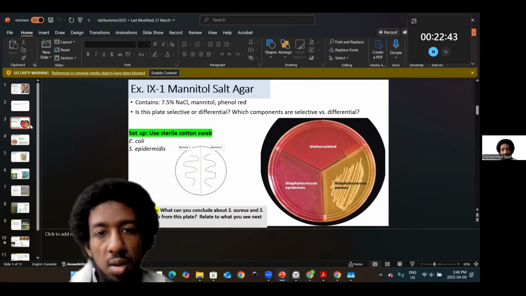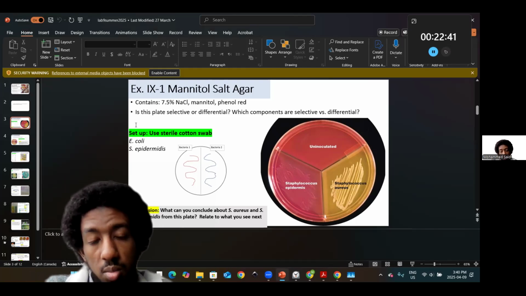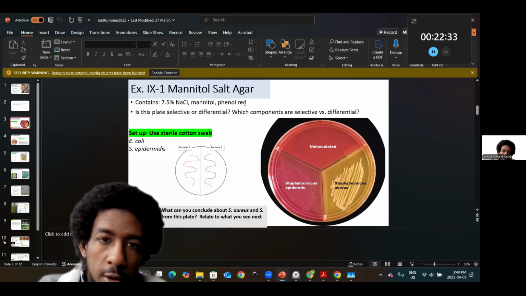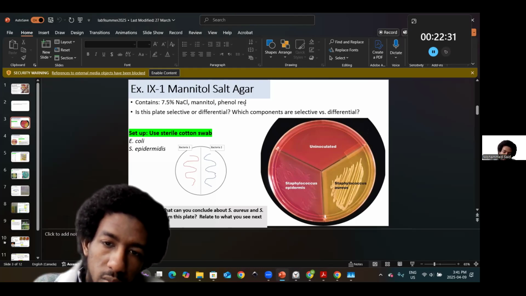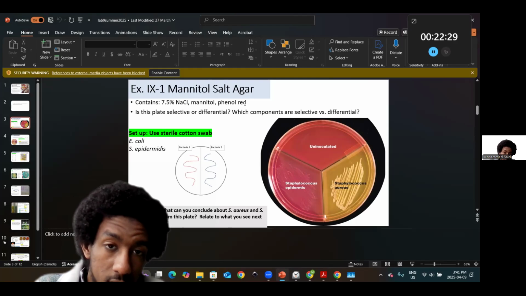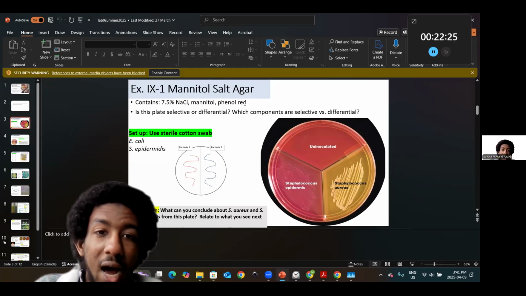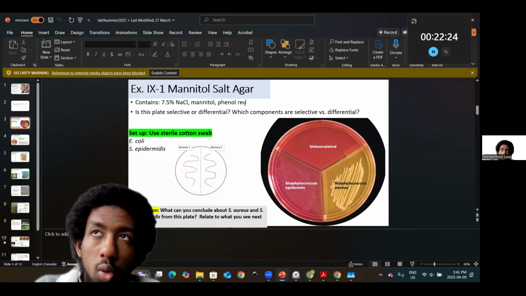Mannitol exists as a carbohydrate. And what you want to highlight here, for the understanding of the different components, is, before you even see the plate as considered selective or differential, what importance or roles do these ingredients play?